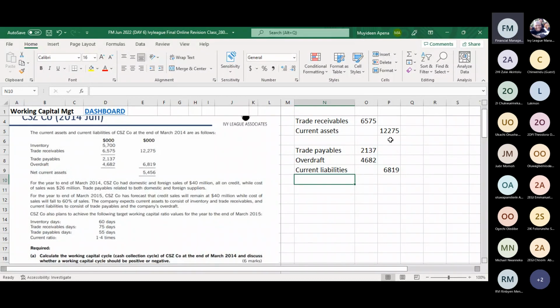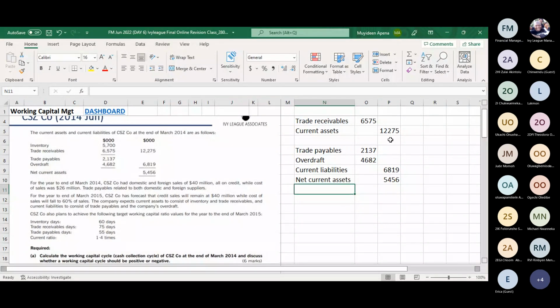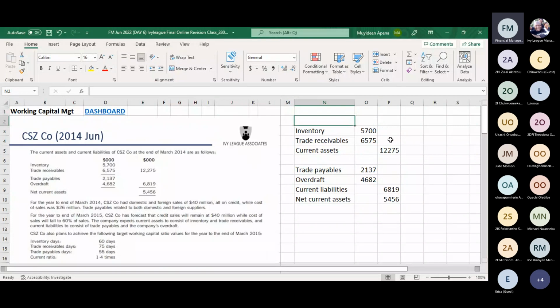So we also have net current asset, which is the difference between the current assets and current liabilities as given to us. So this information is for the year 2014.